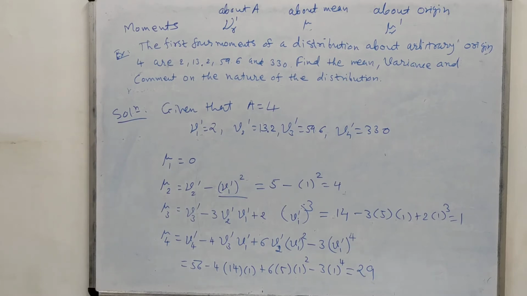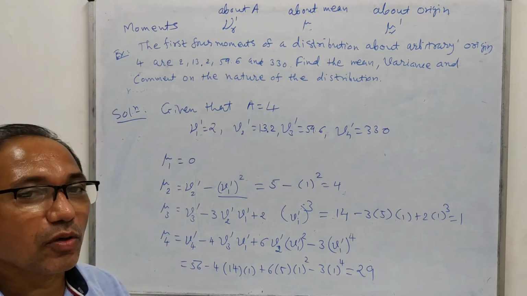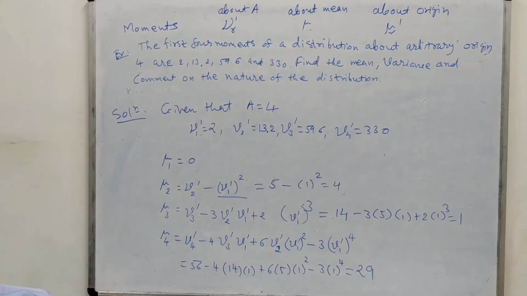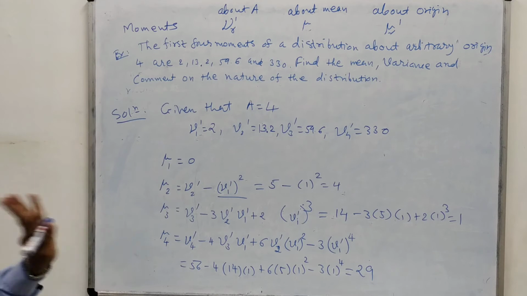We will find them one by one. To find the nature of the distribution, we want to find the skewness and kurtosis, and for these mu3 and mu4 are required, so we find all these first.